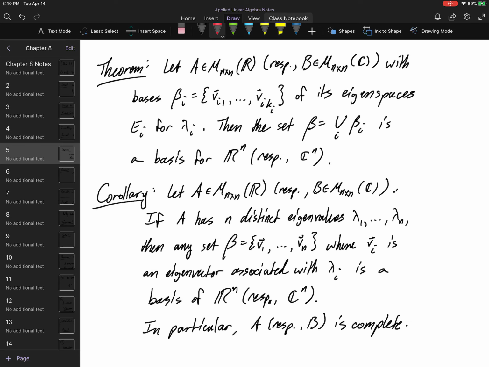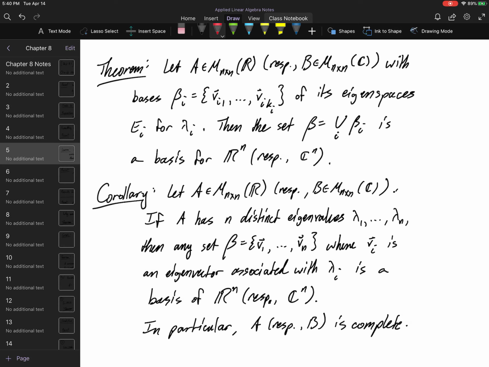And so as a corollary, if I have a matrix that has n distinct eigenvalues, then I get this for free because the geometric multiplicity is always at least 1. And if I have n distinct eigenvalues in an n by n matrix, then my algebraic multiplicity at most can be 1.